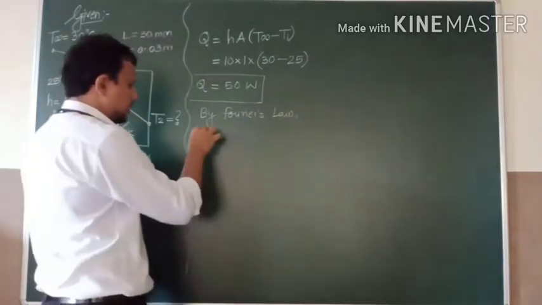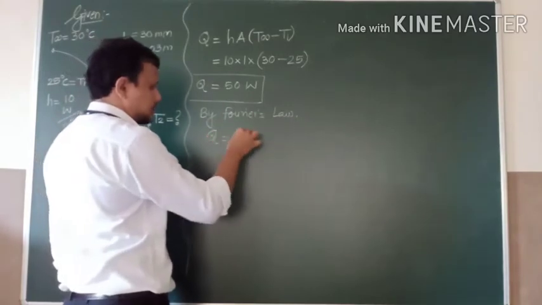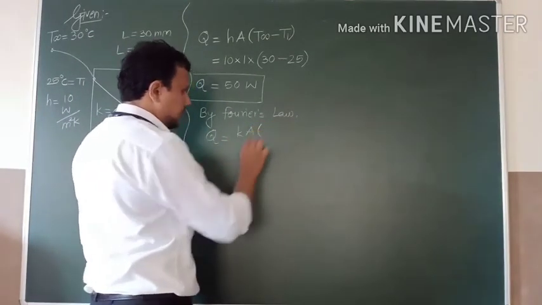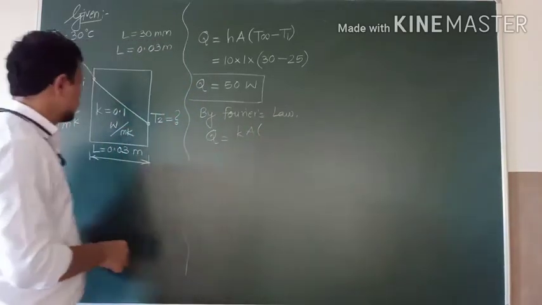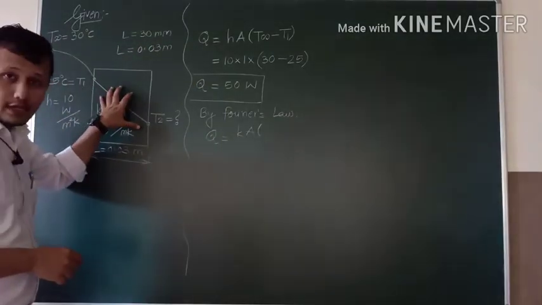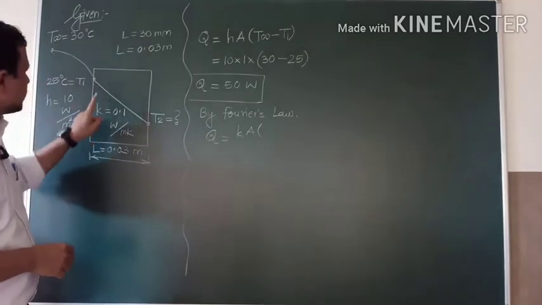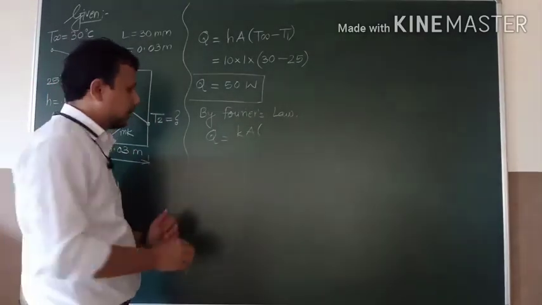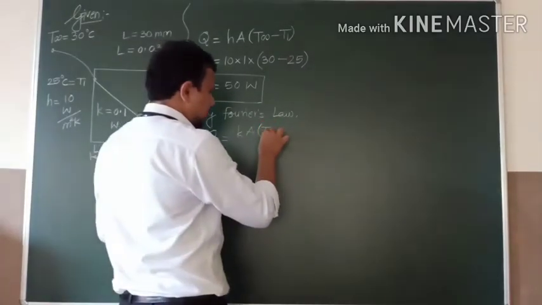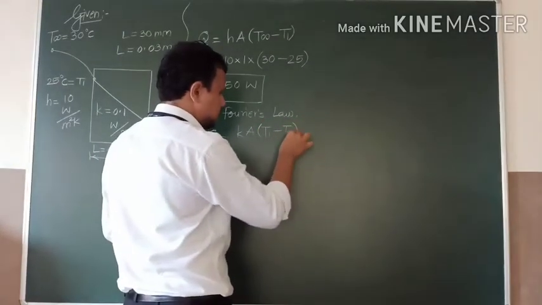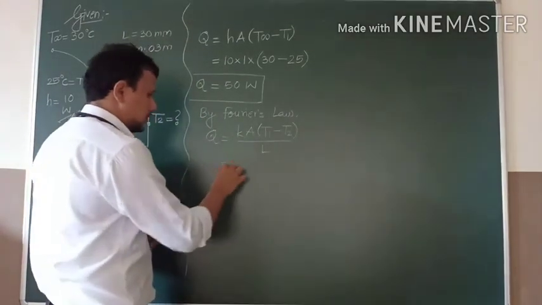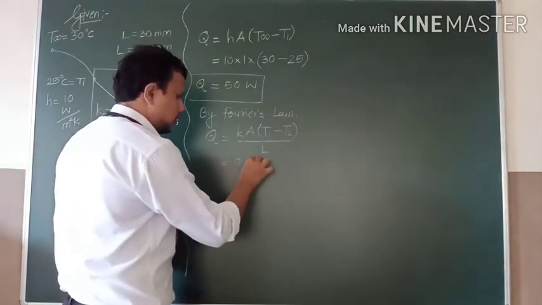By Fourier's law, the amount of heat transfer is equal to kA delta T divided by L. Delta T in this case is for conduction and not for convection, so it will be T1 minus T2, the zone in which conduction is happening, divided by L. K is already known to us, it is 0.1.